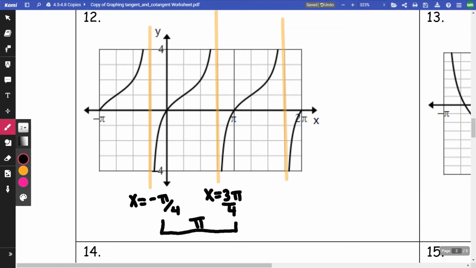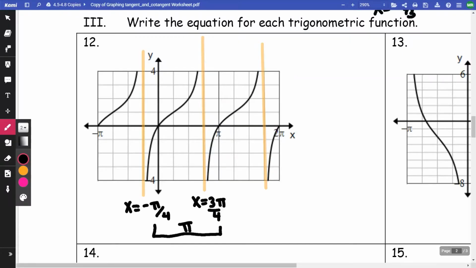But we did have a shift. Okay, we did have a shift. So for that, remember that as a tangent, I should normally be here at negative pi halves to positive pi halves.